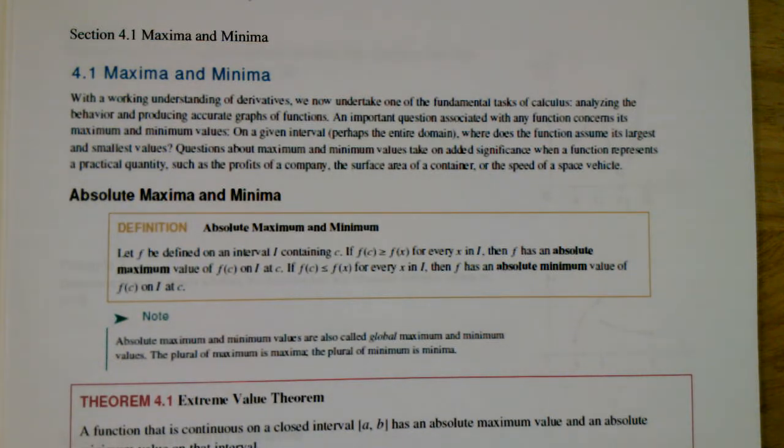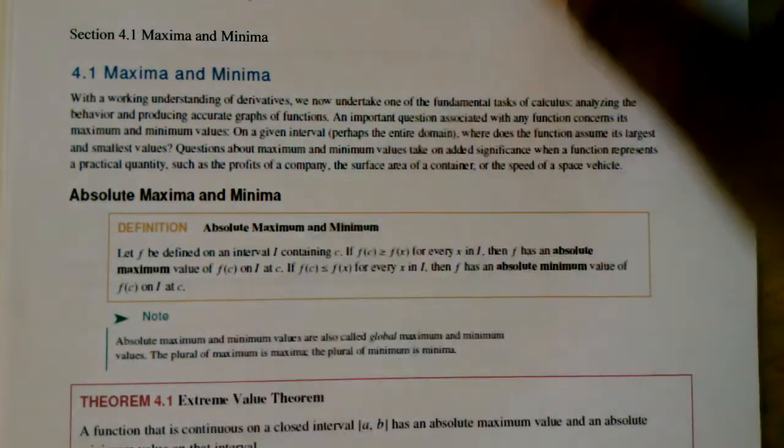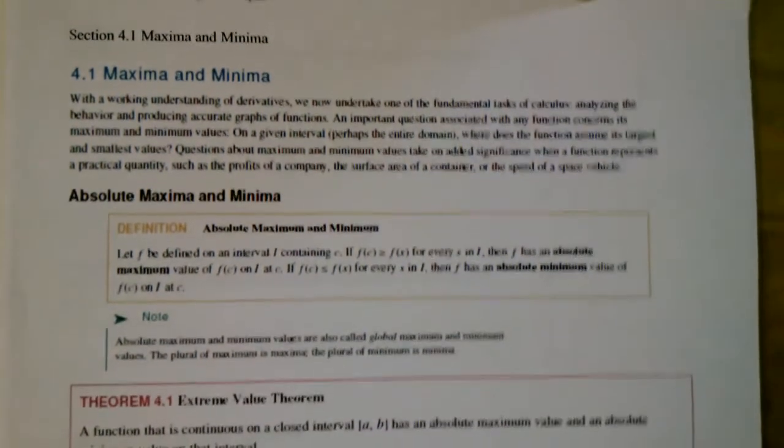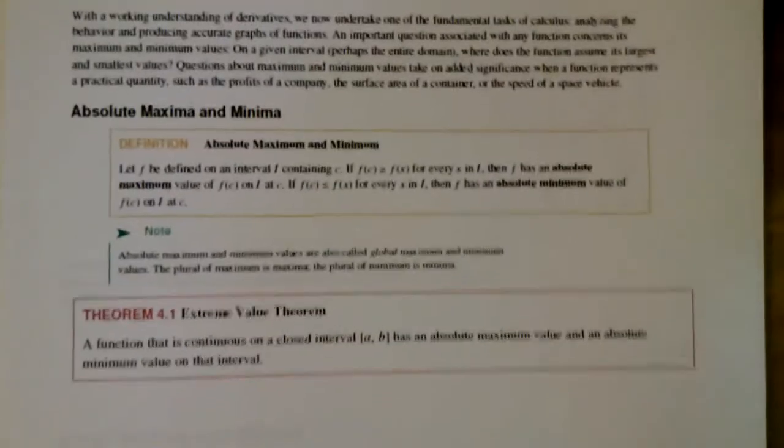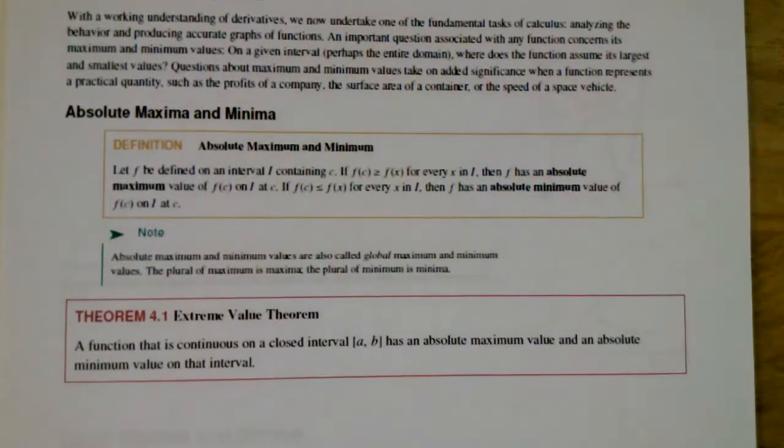Okay. Now we're going to begin with the definition of absolute maximum and absolute minimum. So here's the definition here. We're going to let f be defined on an interval containing c, and that interval is going to be I. If f of c is greater than or equal to f of x for every x in the interval I, then that means that f has an absolute maximum value of f of c on that interval I at c.